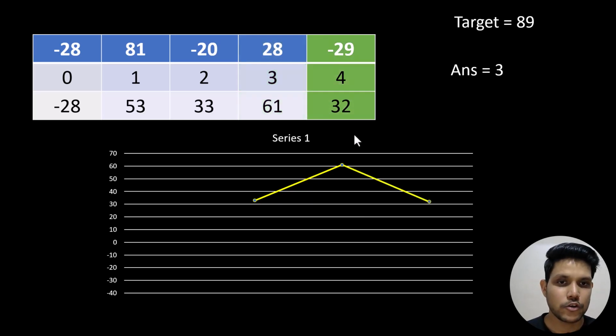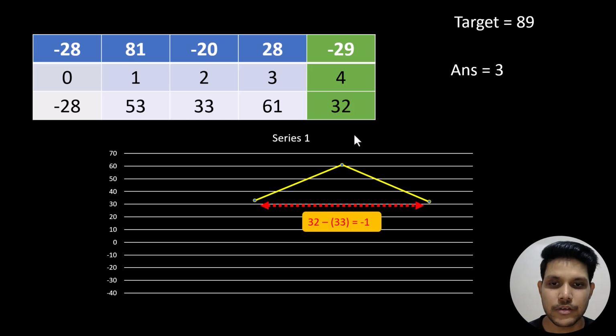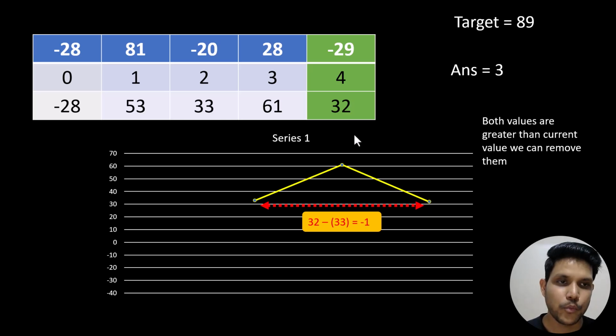We again come across a condition wherein the previous sum is greater and the current sum is lower than that. We see that for the first value in our computation, the difference between the two is minus 1, which is less than the target. So we are not getting the required target. Now both the values are greater than the current value, and we know that if there exists a greater value than the current value, then it will always give us a negative result, and hence they can be removed.